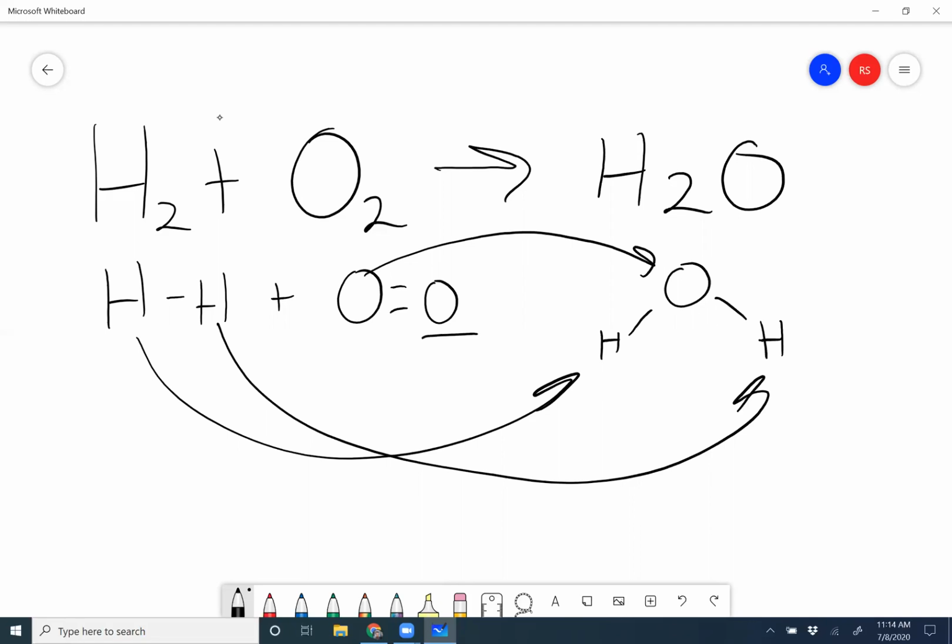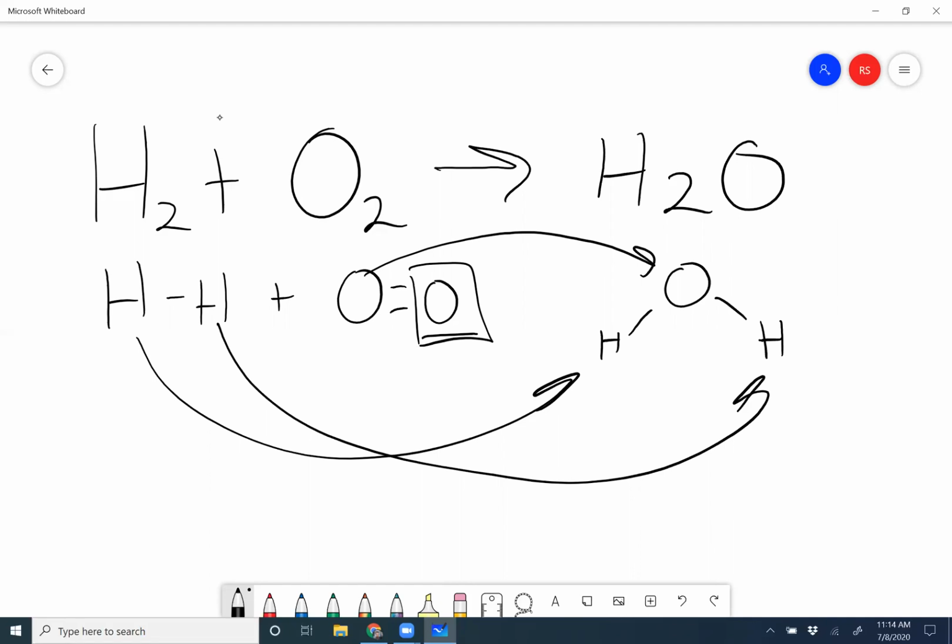So where'd this guy go? Seems to have just disappeared. And according to the law of conservation of mass, you can't destroy matter in a chemical reaction. So where did this guy go? And how do we write that so that when we are writing a chemical equation, it works out?